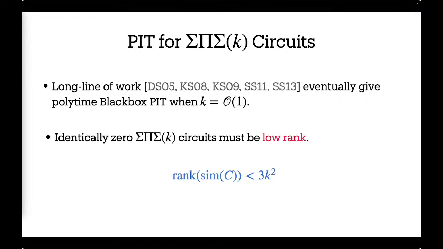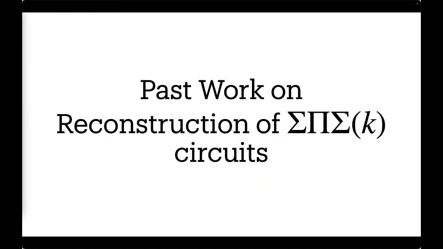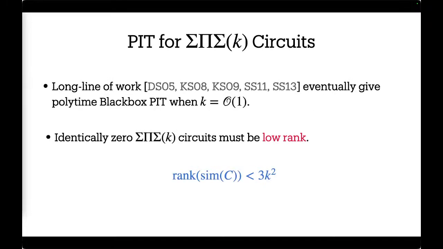Let's say the field was the reals, then it just means it's going to be 3k squared. So you had k times d linear forms, each of them depending on n variables. It does not depend on n, it does not depend on d, it's just going to be a constant, 3k squared, a small space. This is a really nice structural result. And so, the question of PIT for this model has been solved for 13 years now.